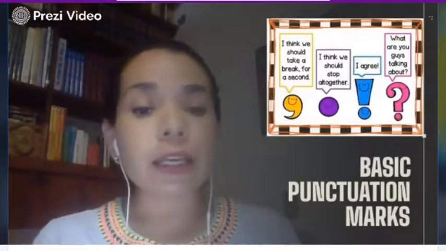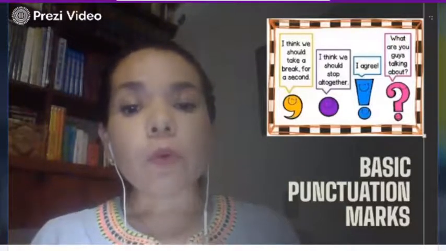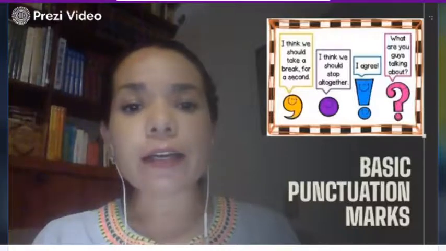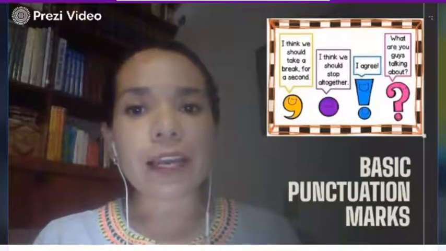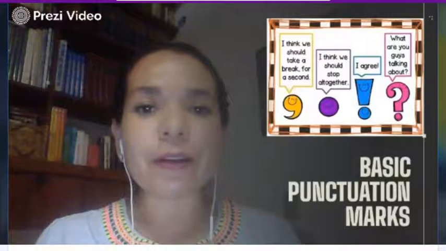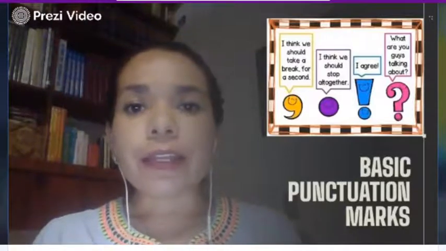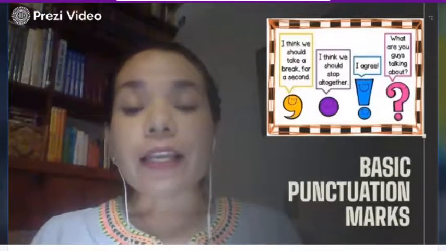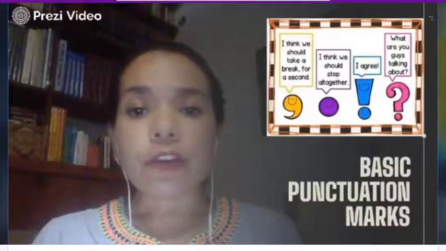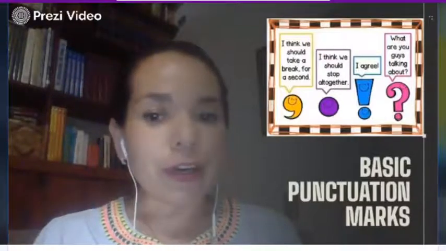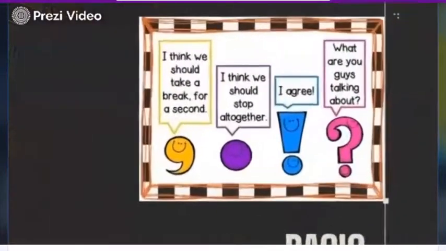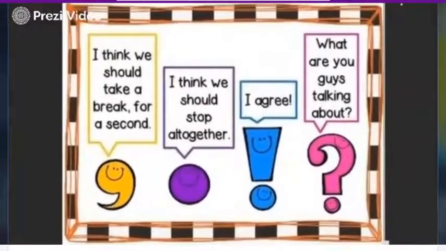I'm going to return to the image so you can see when we are going to use them. This is a comic, but I chose it because it's very funny and helps to understand the real function of each punctuation mark. So let's start. The comma says, I think we should take a break for a second.